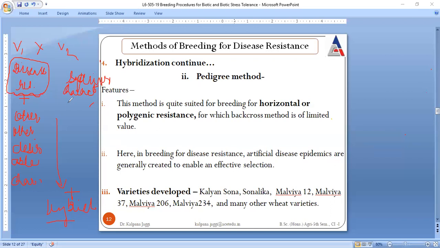But before I make you all familiar with these breeding methods, I would like to make you familiar with certain terms. Very first is horizontal resistance.